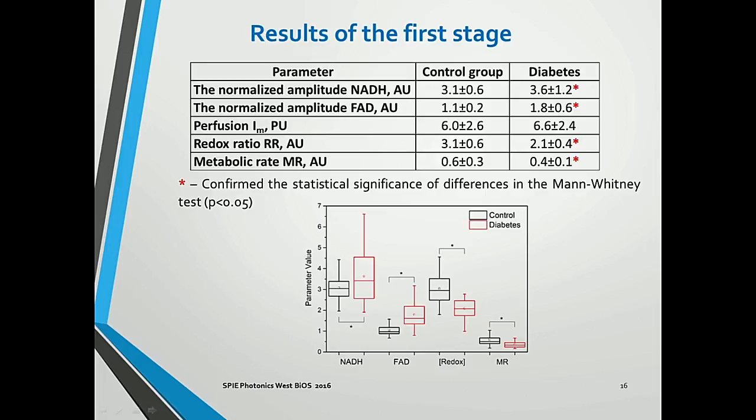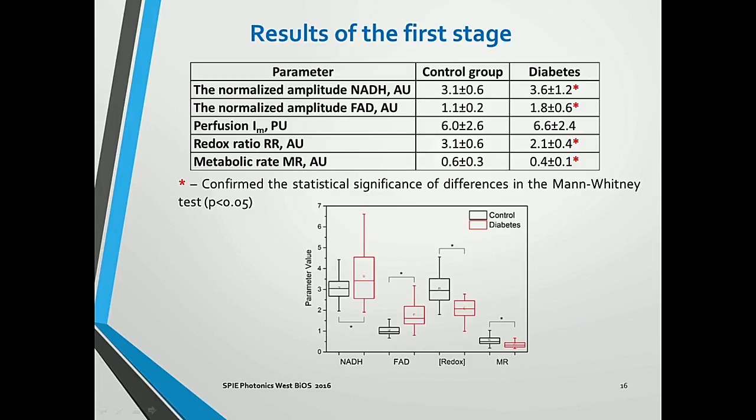But in normal volunteers, it doesn't exist. And playing with this temperature physiological stuff, we can find a significant statistical difference between diabetic and non-diabetic tissues.